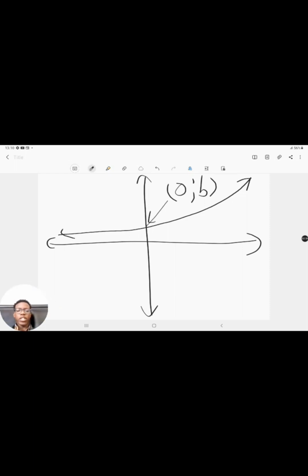By the logic that I just put forward to you, b is the y-intercept of our exponential function. Let's say I've got y is equal to 2 to the power of 2x. You will agree with me that in this case b is equal to 2, and therefore the y-intercept there is (0, 2).